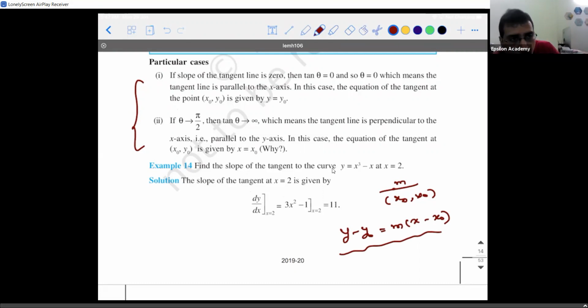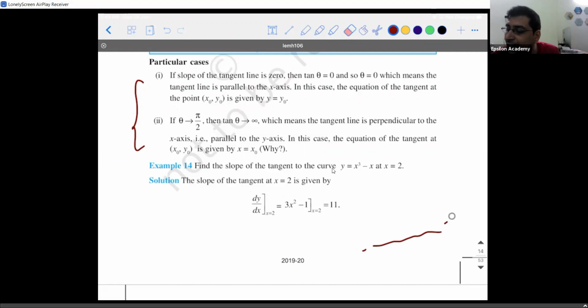This is called slope point form because you know the slope and you know the point. That is all we are supposed to do in this exercise. As simple as that. Your job is only to write the equation of a tangent and the equation of a normal to a curve at a given point. Let's start solving and try to understand how the problems are going to be.